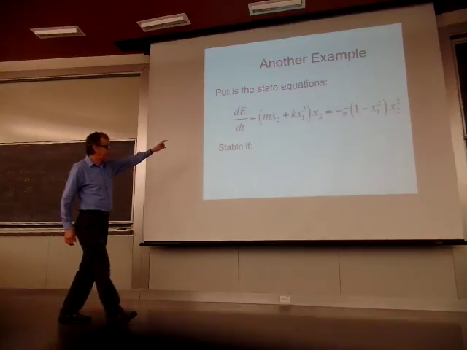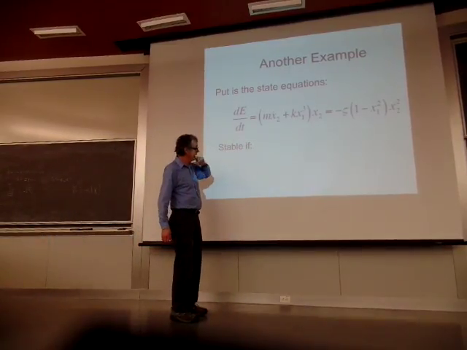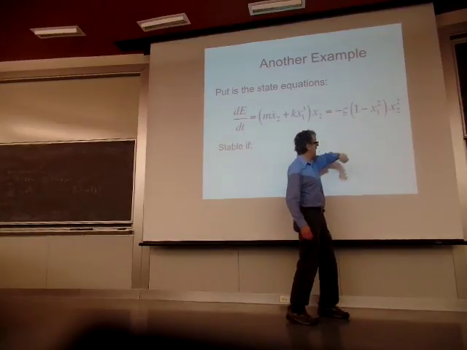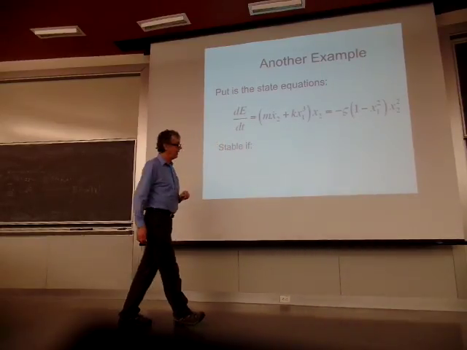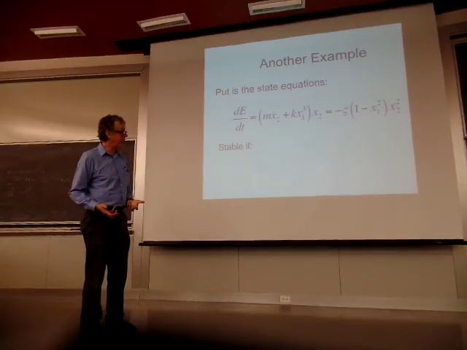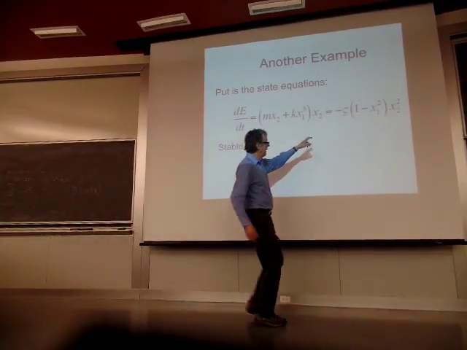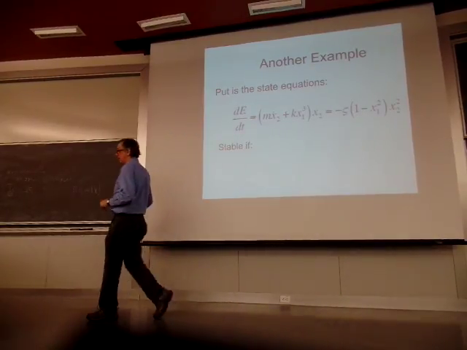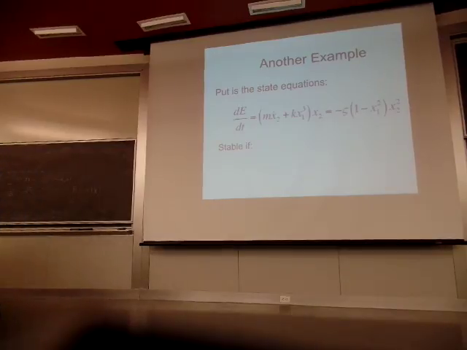So what's the condition for dE/dt to be negative? We try to reduce this whole thing. x1 squared is always positive, x2 squared is always positive. Got a minus sign here, but assuming gamma is positive, remember, x1 must be what?